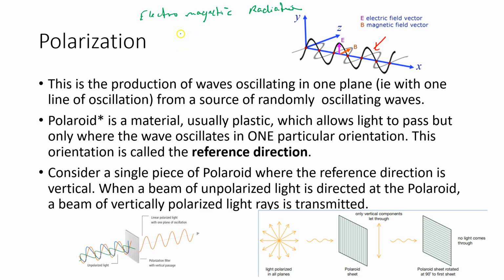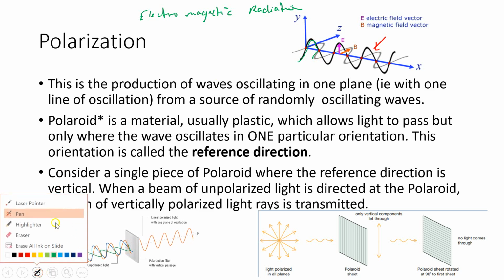But for this part, there is an electric field that is oscillating, and there's also a magnetic field that is oscillating. However, when we're looking at it, we see that they are actually at right angles to each other. So one is oscillating like this, in one plane, and another is oscillating in another plane. So they are at right angles to each other.